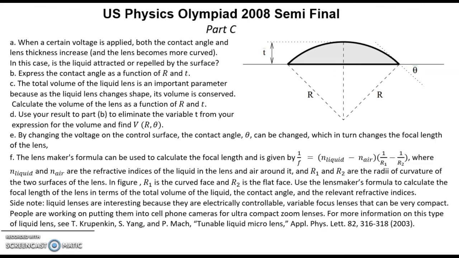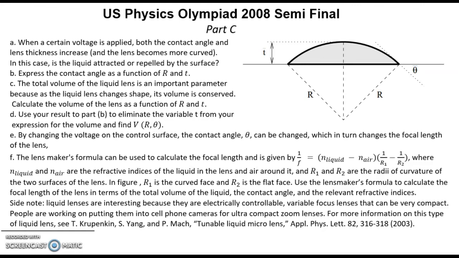In figure, R1 is the curved face and R2 is the flat face. Use the lens maker's formula to calculate the focal length of the lens in terms of the total volume of the liquid, the contact angle, and the relevant refractive indices.